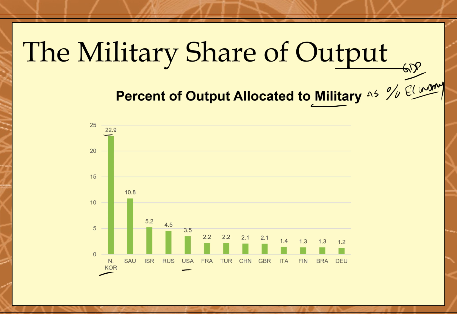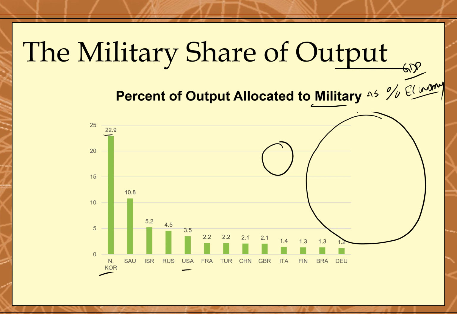So in other words, think of this. This pie represents the size of North Korea's economy, and this is the size of the United States economy. Well, I'm sorry, a fifth.